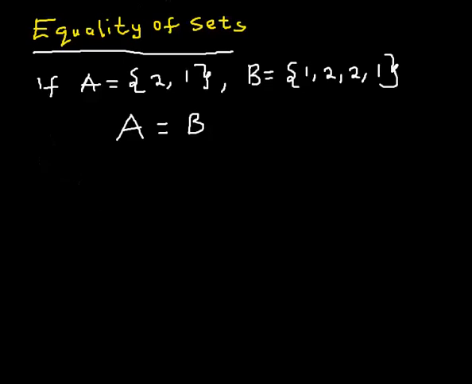All right, the next term that we're going to look at is known as a singleton set. As the name implies, every singleton set contains just a single element, or one element.